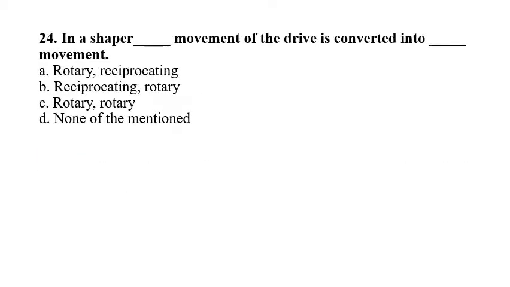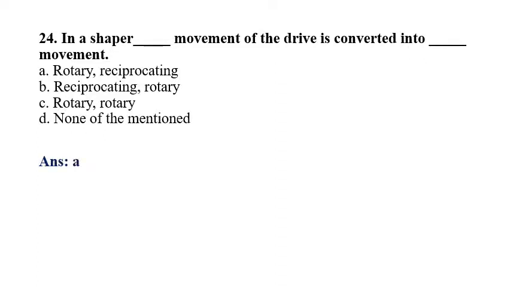Question number 24. In a shaper, dash movement of the drive is converted into dash movement. Rotary, reciprocating; reciprocating, rotary; rotary, rotary; none of the mentioned. The answer will be A, rotary to reciprocating movement.